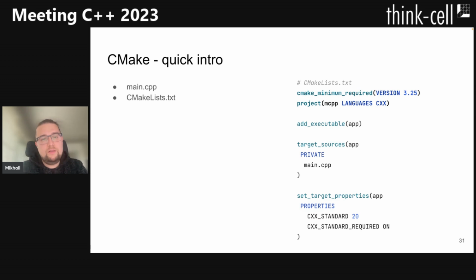You also need to define the project name and say which languages you want to use. Then you create an executable target, then you tell it which sources are related to that target. And then you can define some C++ properties. For example, we want to use the C++20 standard, and we don't want to use any extensions from the compilers. We want to have it strict.